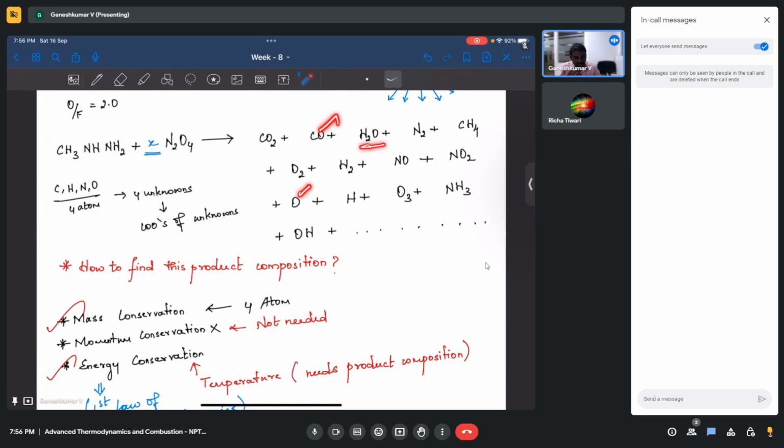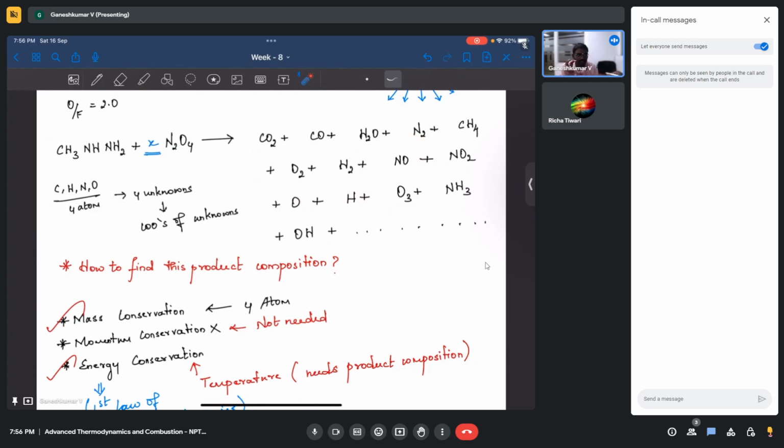And H2O can dissociate and give H and OH. These H's formed can combine in twos and come up with H2, right? And the formed O can react with N2 and form NO species, and the O's can combine together to form O3.